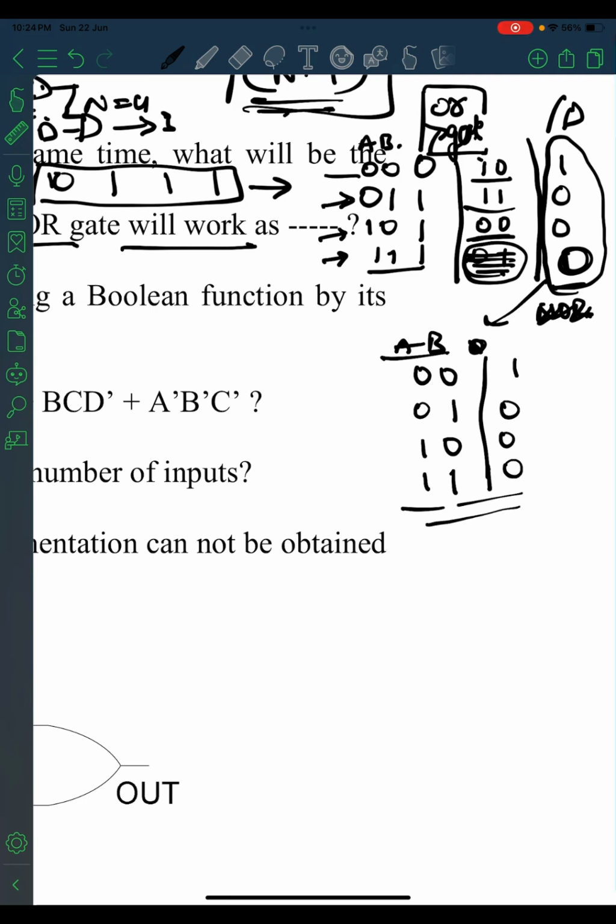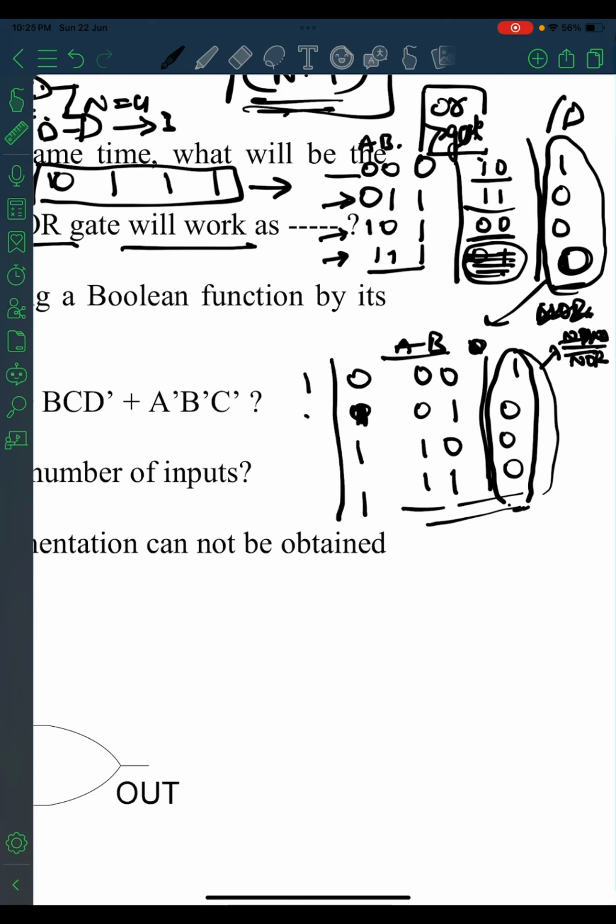What is the logical gate? It is nothing but NOR, because for OR the outputs are reversed. 1 0 0 0. It is NOR.